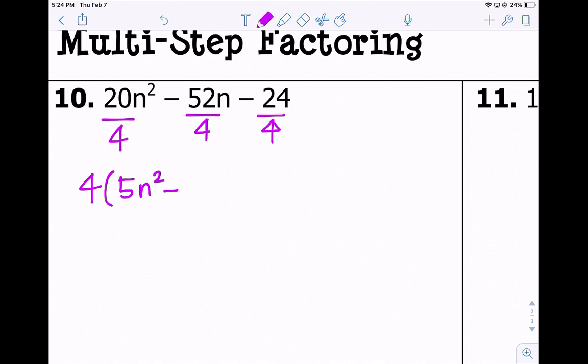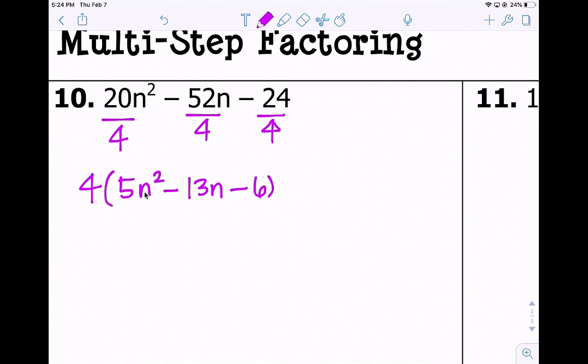Minus 52 divided by 4 is 13, and we still have n. Minus 24 divided by 4 is 6. So now we've factored out a 4, and we are left with this trinomial, which is going to be a lot easier to factor by tic-tac-toe than this one would have been.